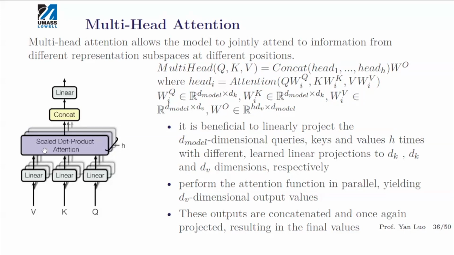So this part here is the scaled dot product attention. So why do we use multiple of them and call them multi-head? Well, first of all, these are essentially the same structure or same architecture in terms of the model. So the computation is very similar.